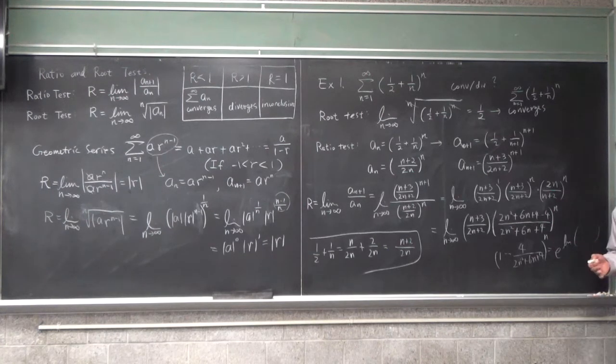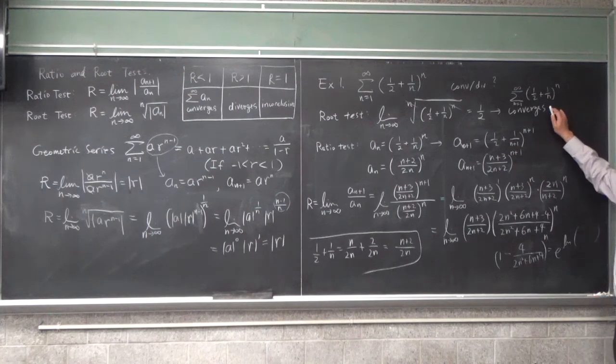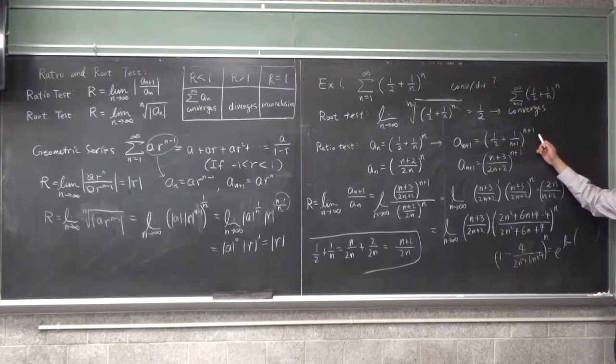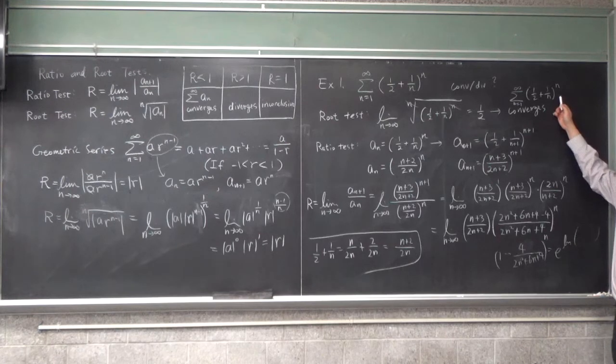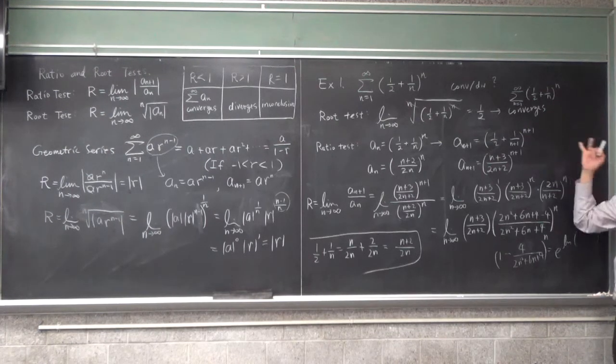Yes? But since the root test converges, the ratio, it doesn't, that means what if the root test converges, the root ratio doesn't have to converge? No, if one test says it converges, then the original series converges. Then I guess the question is, if the root test converges, what do you know about the ratio test? Well, if the root test says it converges, then the ratio test has only two options. Either it would say it's convergent, or it's inconclusive.